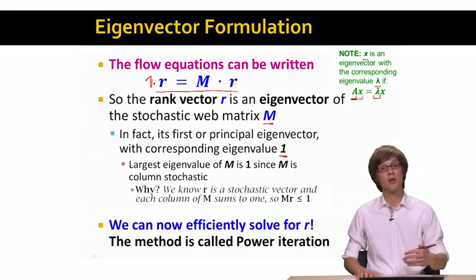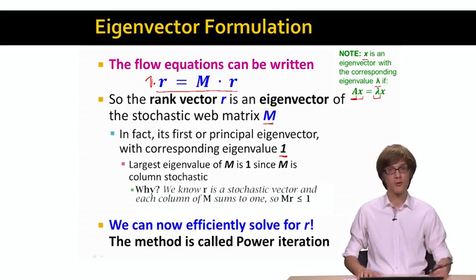So now we know how to compute PageRank: find the eigenvector of matrix M that corresponds to the eigenvalue with the value of 1. That's what we learned so far.